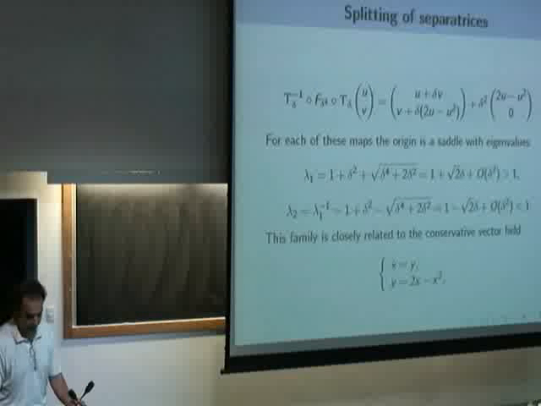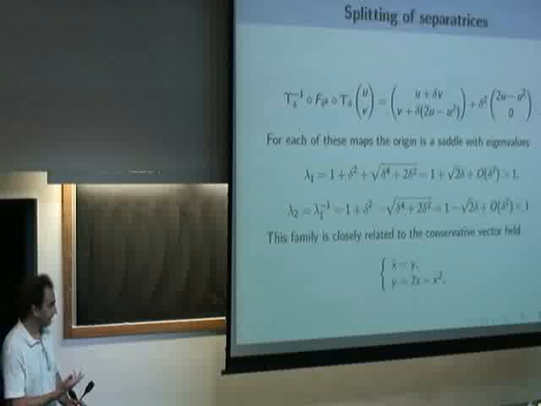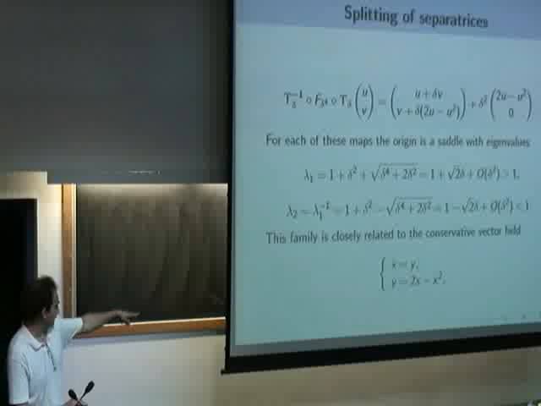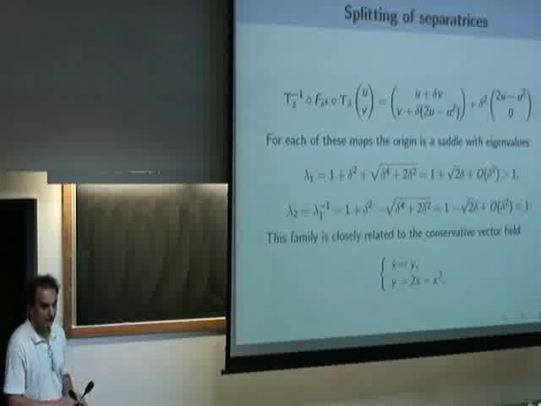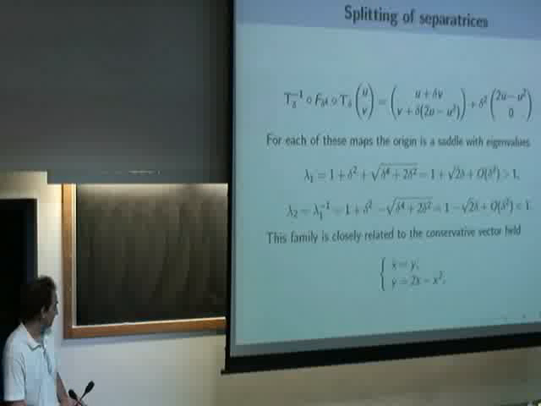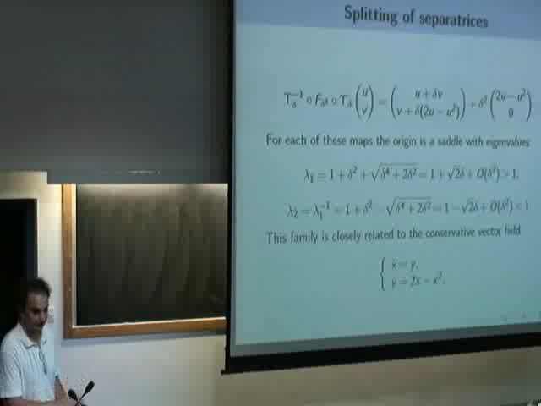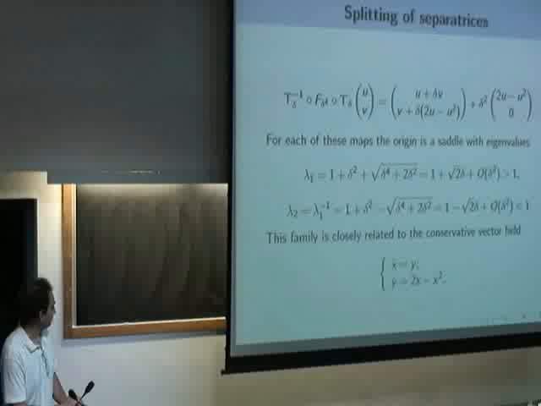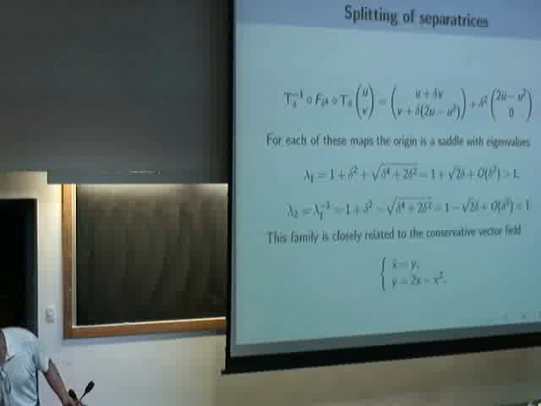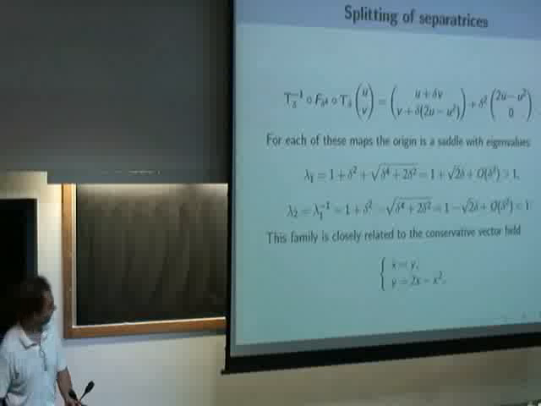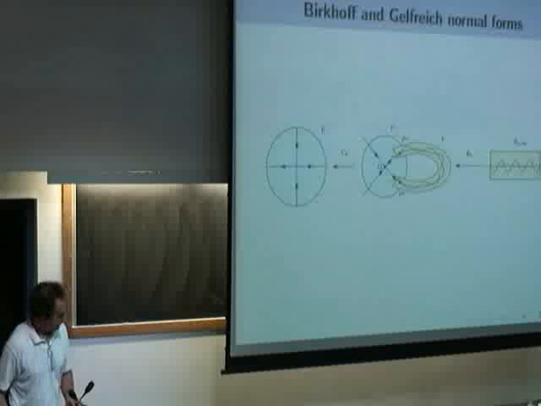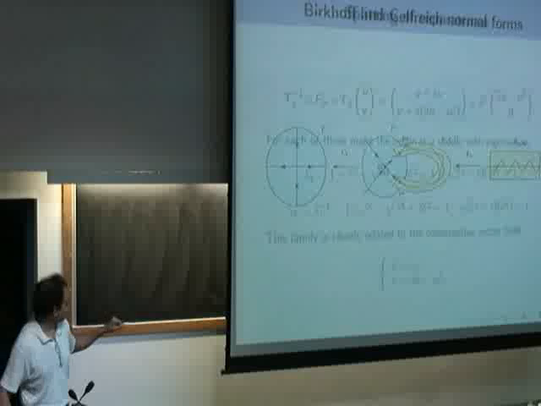So the behavior of the family must be directly related to the solutions of this differential equation, and this vector field is an easily integrable vector field. You can explicitly see what it looks like. It looks like the following.